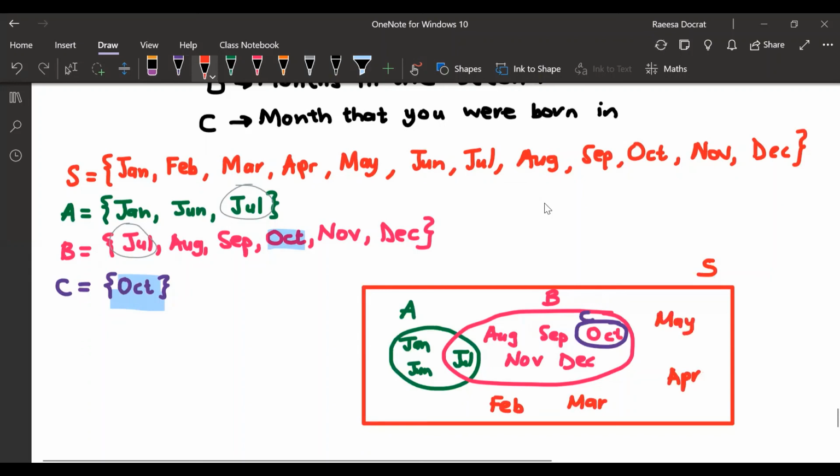Your C could also, if you're born in February, March, April, or May, be separate from A or B. If you were born in the second half of the year, your C will be in B. If you were born in a month that starts with J, your C will be in A. And if you were born in none of those, so in February, March, April, or May, then your C would be outside those two. I hope that you have understood this example.